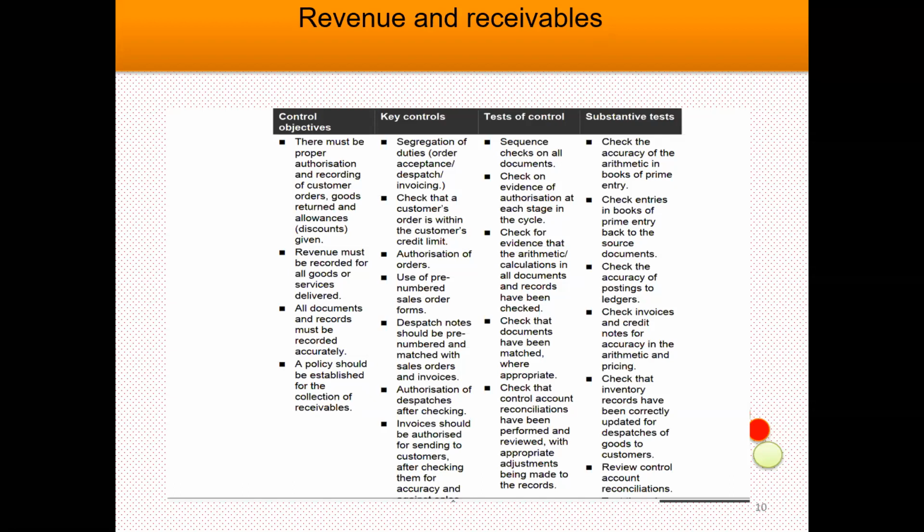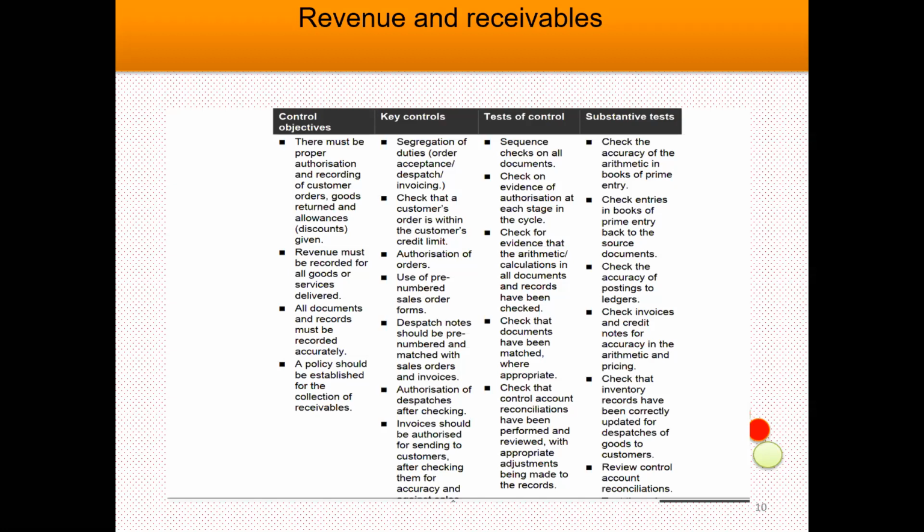If you go through the list, I won't mention all of them, but you see that authorization is very important, right? Pre-numbering is important because it gives order to either your sales order forms or even your dispatch notes. It gives order to them. Then segregation of duties. These are key controls.